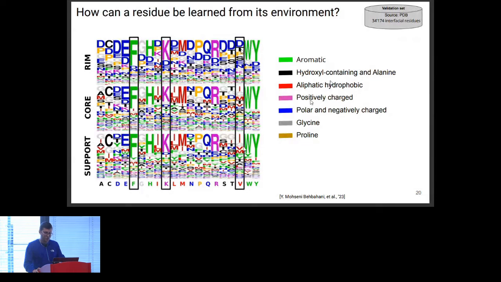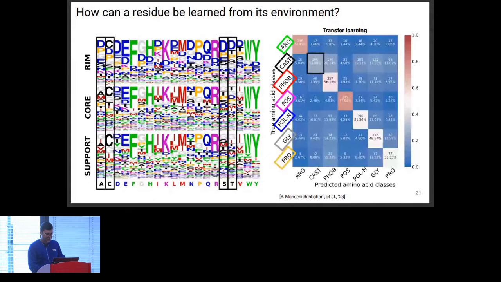About the group of hydroxyl containing and alanine, which are shown in black here, besides cysteine, it cannot find the residue-specific patterns in any of the structural regions. Then we performed a simple transfer learning using the frozen embeddings extractor from SSDLA, and we trained a very shallow neural network with only one hidden layer.